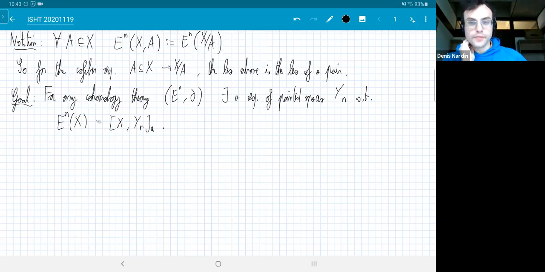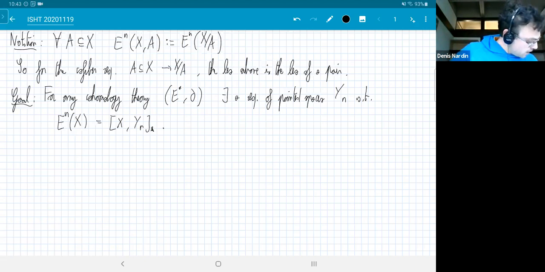We're going to be more precise than that. We're going to want more structure on these spaces. The main result here that I'm going to prove today is the following theorem.